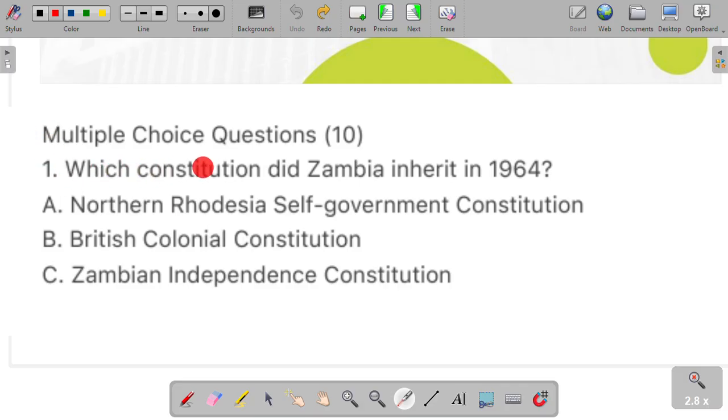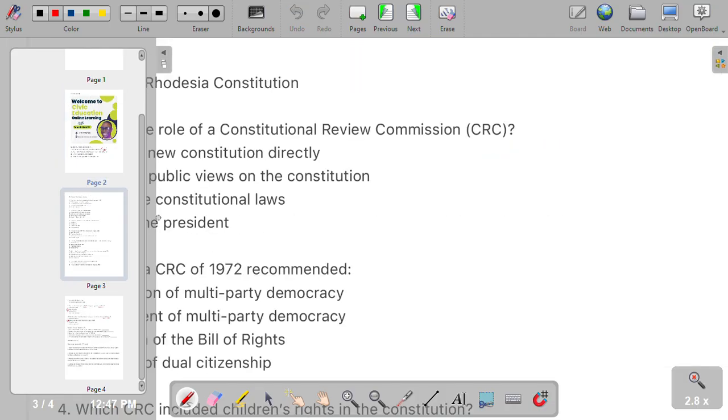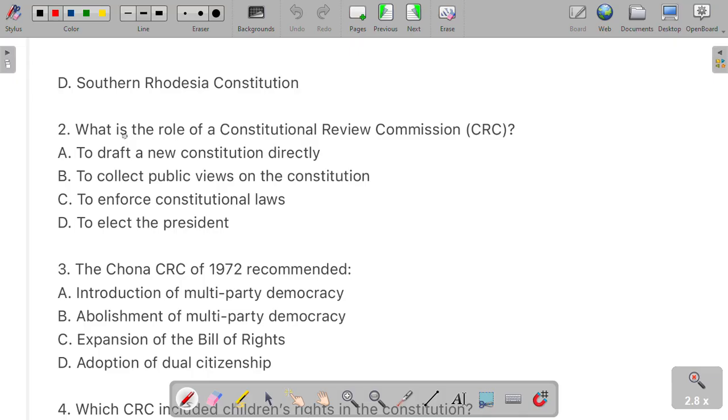Which constitution did Zambia inherit in 1964? We're given these options: A, Northern Rhodesia Self-Government Constitution; B, British Colonial Constitution; C, Zambian Independence Constitution; D, Southern Rhodesia Constitution.